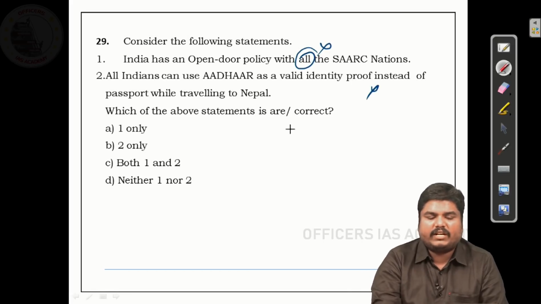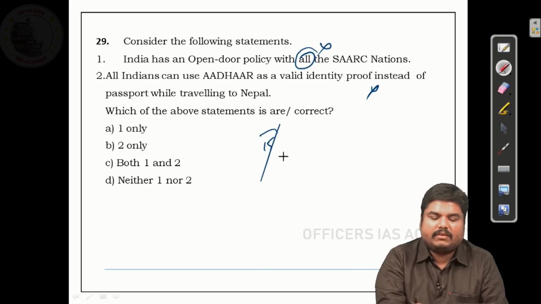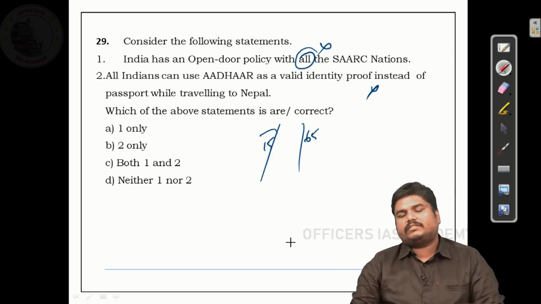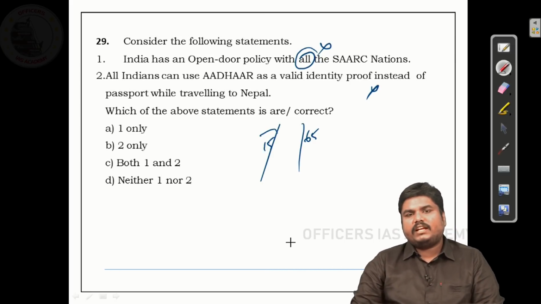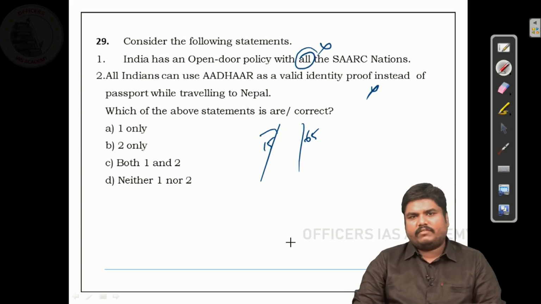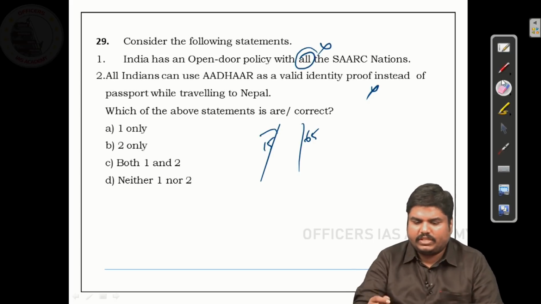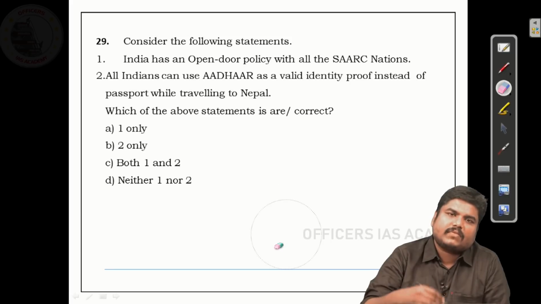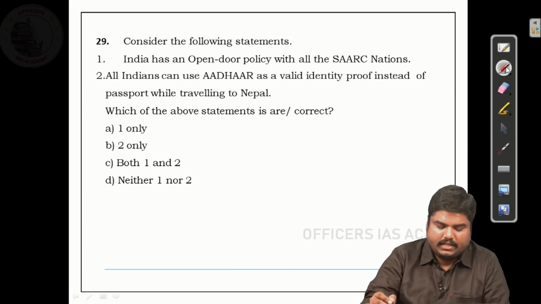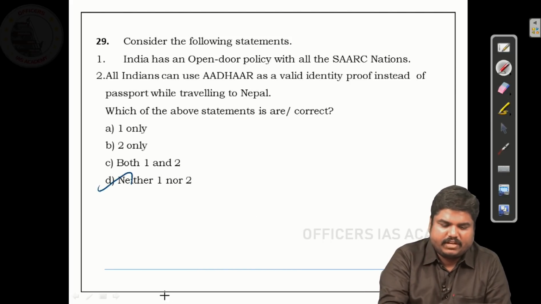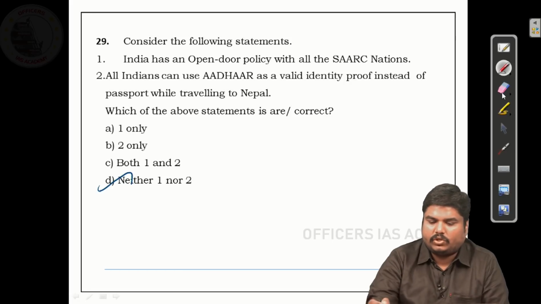Recently, the government announced that people below 15 and people above 65 can use Aadhaar. Others can use some valid photo ID. A passport is also not required. A valid photo ID is sufficient to move to Nepal or Bhutan. So, here both the statements are wrong. Answer is going to be neither 1 nor 2.